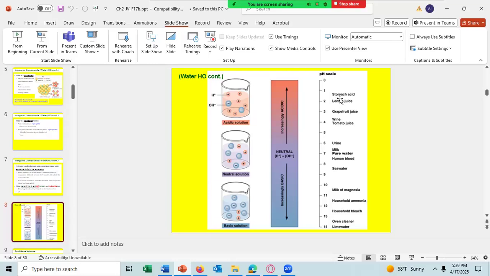Stomach acid is actually more acidic, about pH 1.5 up to about pH 2, depending on what you ate. The most acidic thing you've ever come across would be the acid in your car battery, and that's less than pH 1, almost pH 0.